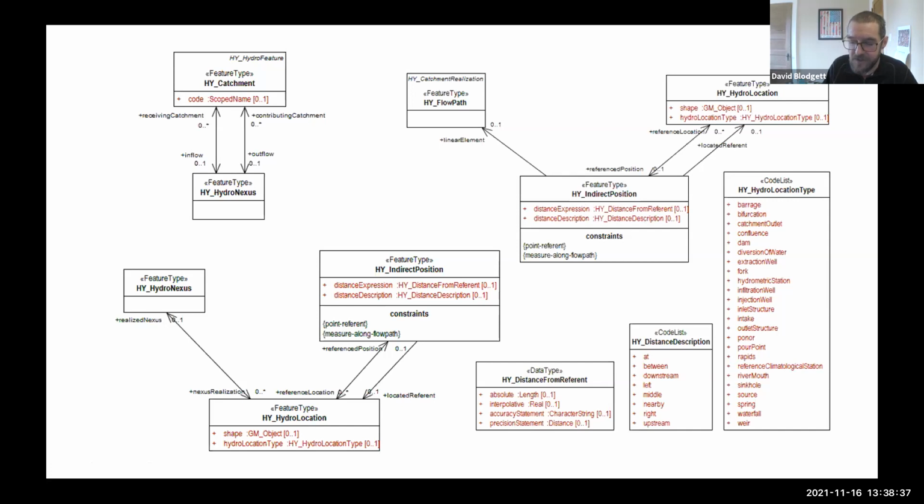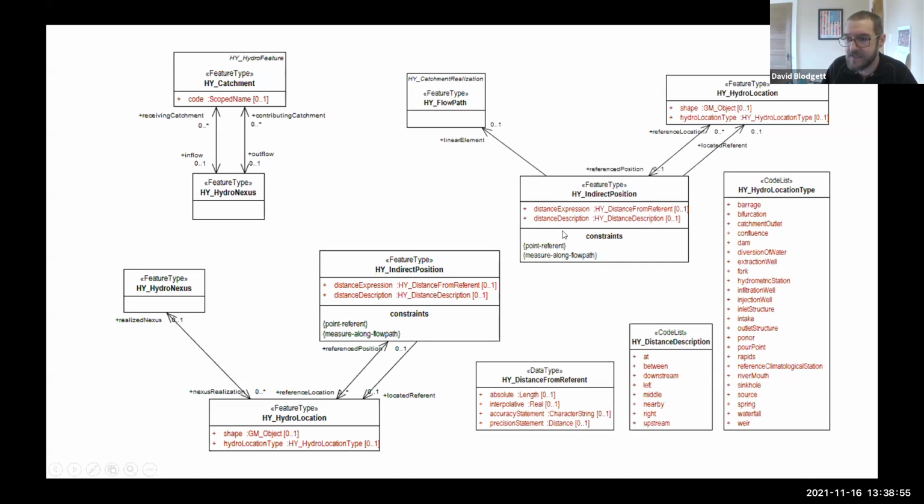Invariably, there's always some piddly little line that you auto snap to instead of the one that you should have snapped to. And you need that kind of positive assertion of I am on that river. And that's really what we want to zoom into, this measure along flow path. What flow path am I on?